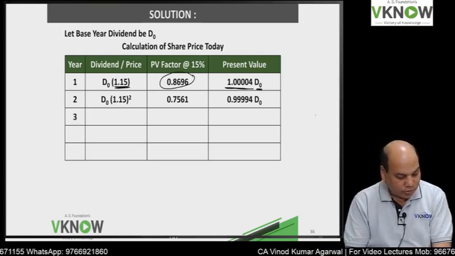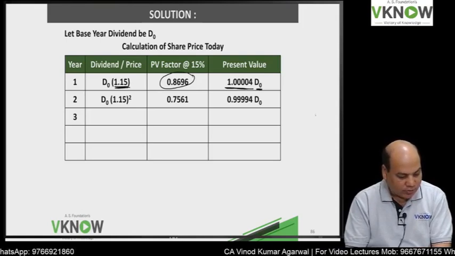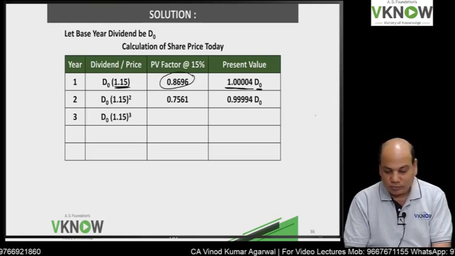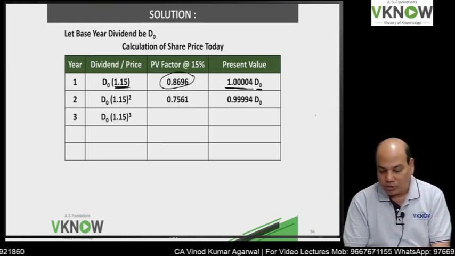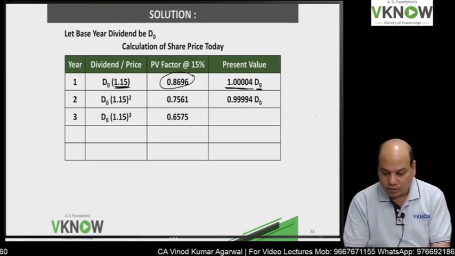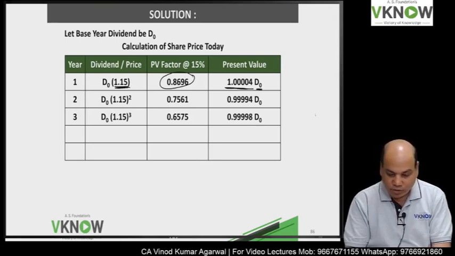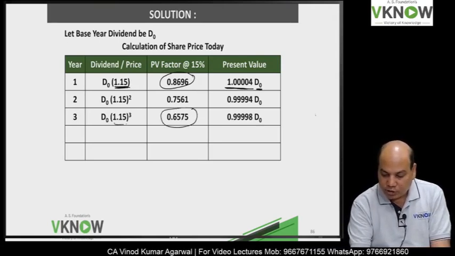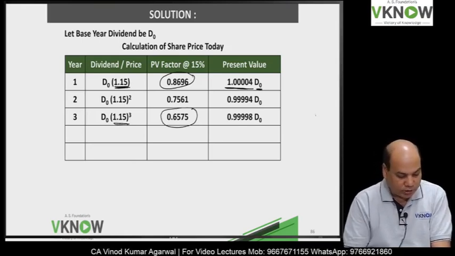Very good, those who are replying. One student has already answered, Geetika, she has answered 2. Let us check. Third year dividend will be D0 into 1.15 to the power 3, factor is given, and multiply 0.6575 into 1.15 to the power 3.